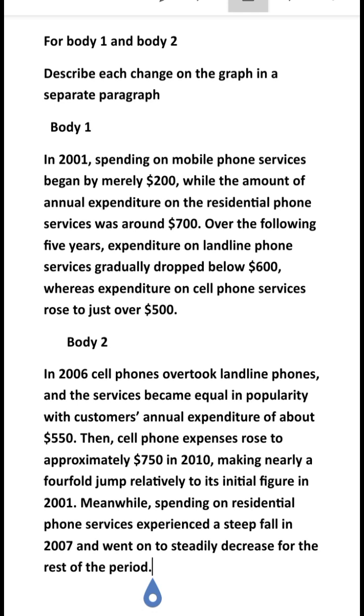In 2001, spending on mobile phone services began at merely 200, while the amount of annual expenditure on residential phone services was around 700. Over the following 5 years, expenditure on landline phone services gradually dropped below 600, whereas expenditure on cell phone services rose to just over 500.